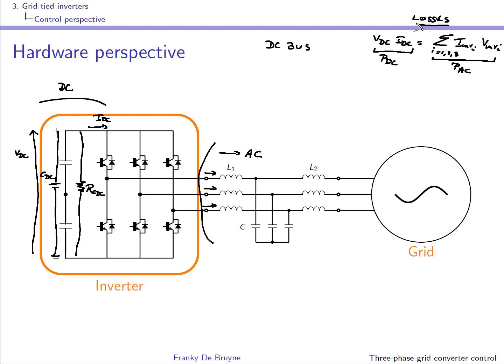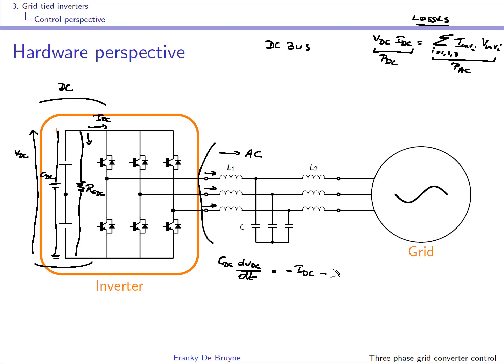Now we can write the equation for the DC bus. This is simply C DC dVDC over dt equal to the sum of the currents leaving the capacitor. There will also be a current flowing in the resistor, so I put a minus sign for IDC, and a minus sign for the current flowing over the resistor.